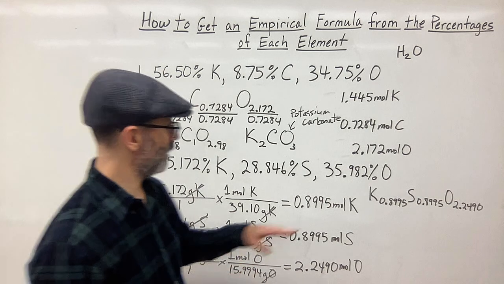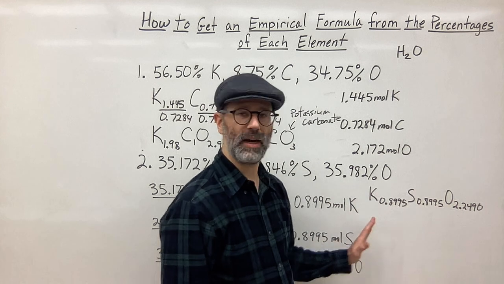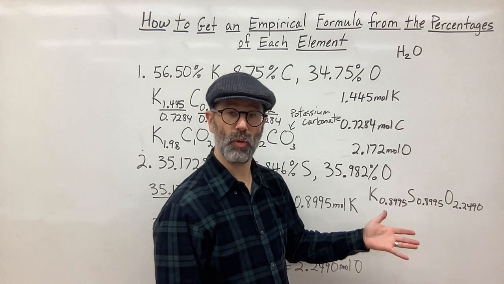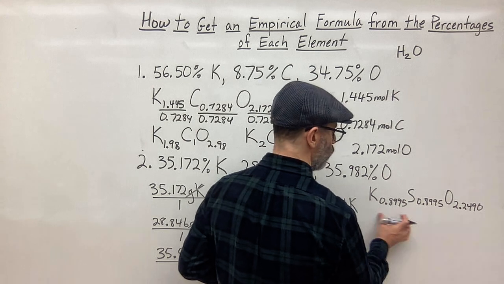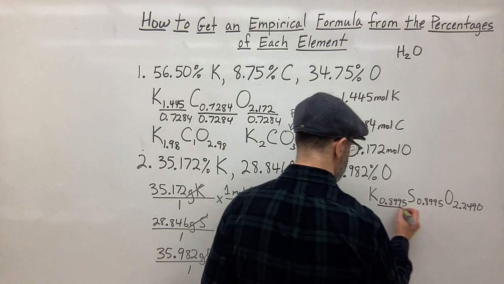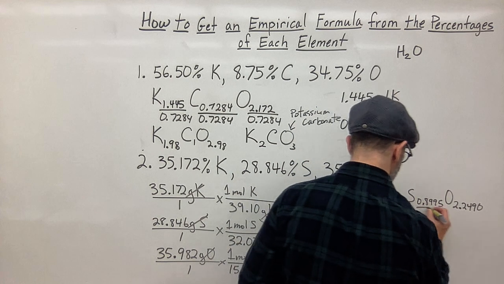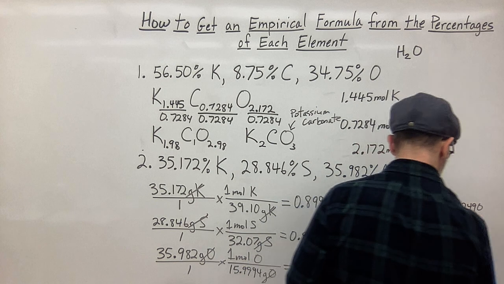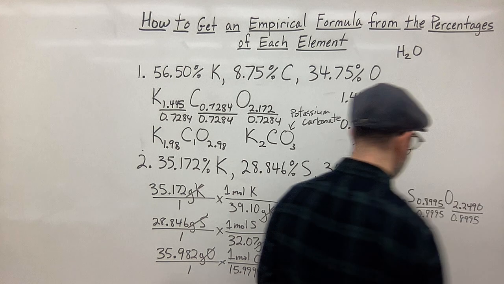Now I'm going to divide everything by the smallest number because I need a ratio of 1 to something. And that 1 to something, the something has to be greater than or equal to 1, right? So I'm going to divide by the smallest number to do that. Since both of these are equal, they're equally small, so I'm going to divide each by 0.8995.